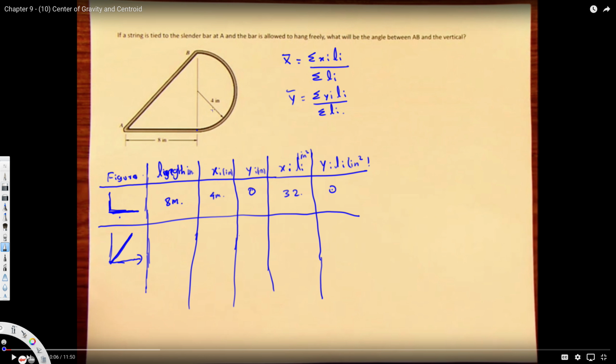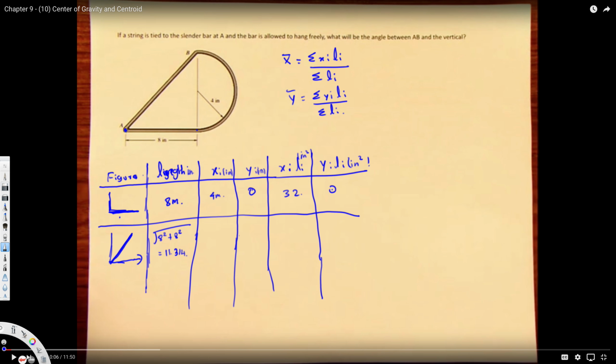According to the Pythagorean theorem, we know the radius of this arc is 4 inch, therefore the diameter is going to be 8 inch. So the square root of 8 squared plus 8 squared gives us the length of this one. If I do that, I will get 11.314.